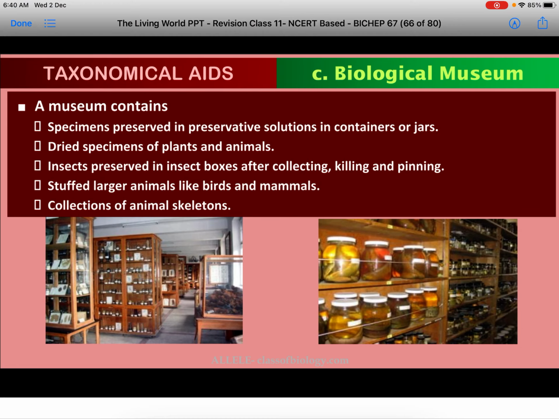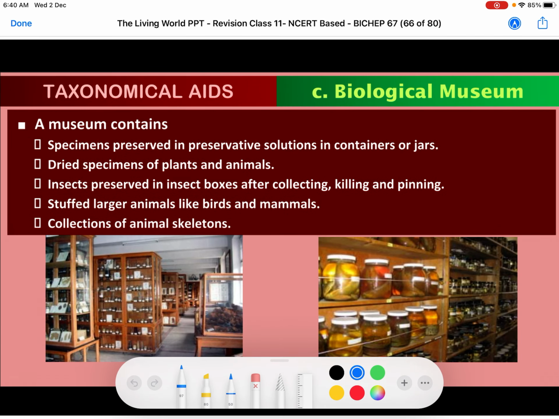Now, a museum contains specimens which are preserved in preservative solution in containers or jars. If you see here, you can find many different specimens in different jars or containers, filled with a particular type of solution, and that solution is a preservative solution.